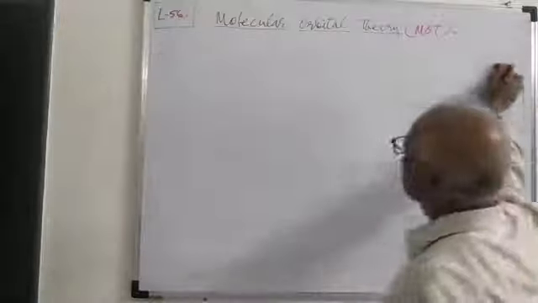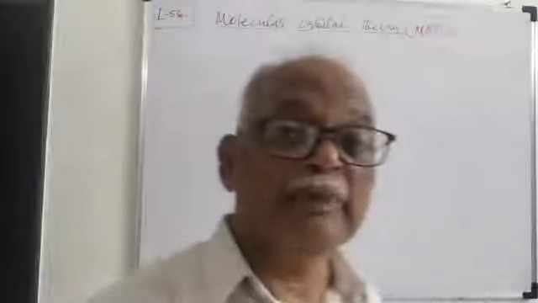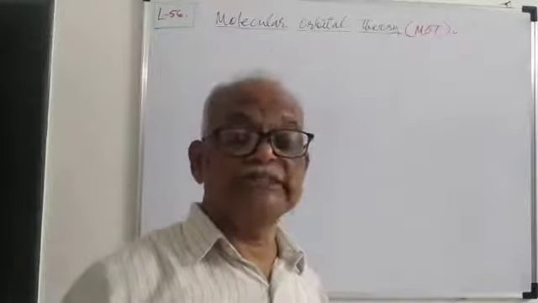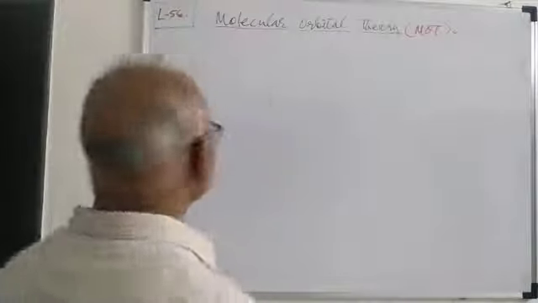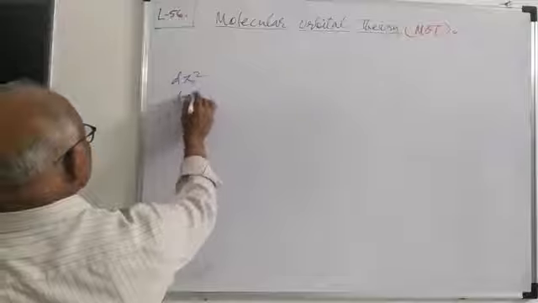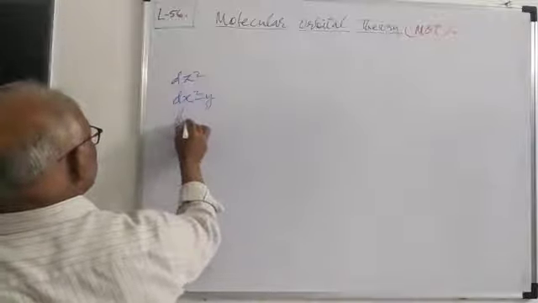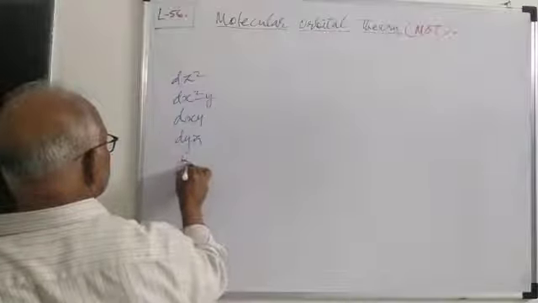So first of all, we must know that there are 5 orbitals in the set of d orbitals. So these are dz2, dx2 minus y2, dxy, dyz and dzx.